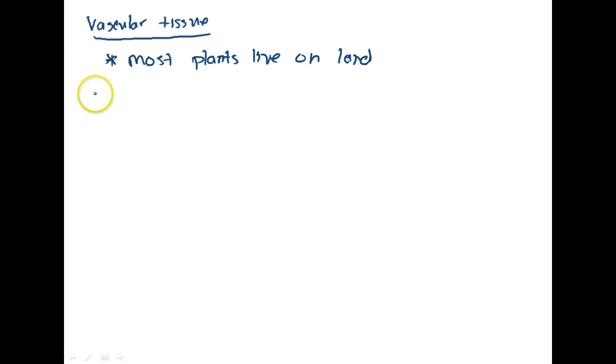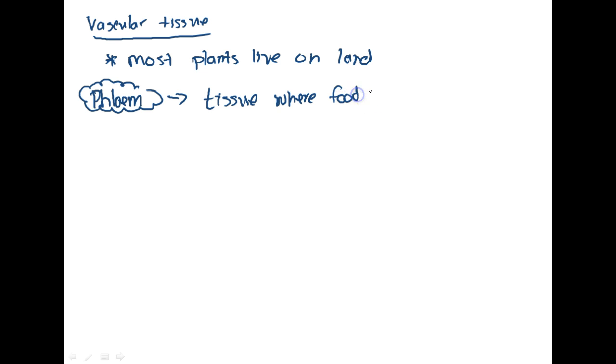One of the ways is called phloem. And phloem, by definition, is tissue where food moves. And so it's going to be almost like an elevator system where the food is going to move from the leaves down to the entire plant.